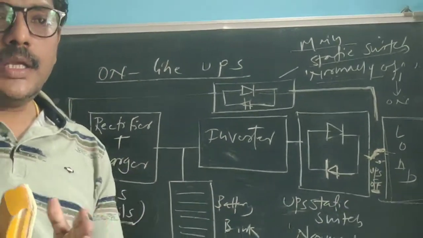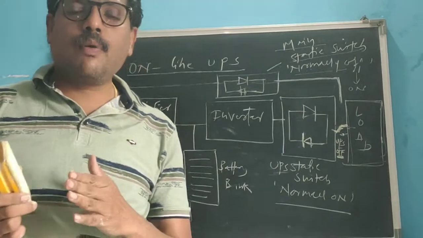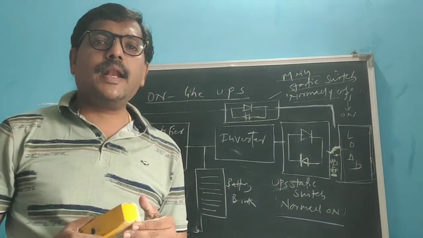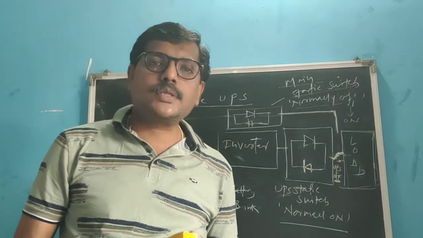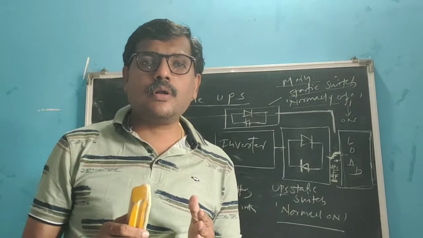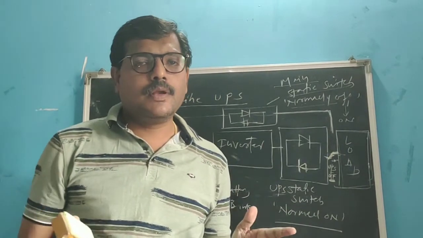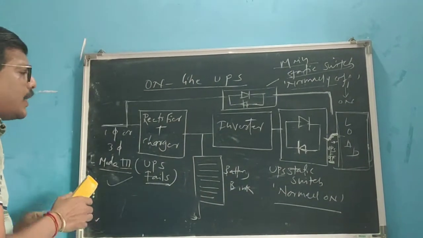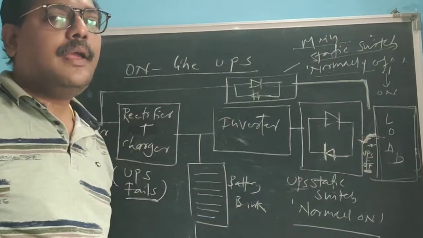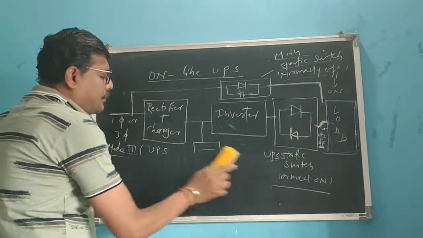This changeover of load from UPS to mains and mains to UPS takes very little time. It takes 4 cycles of input without changing the phase angle. So this is the working of your online UPS, and in an online UPS, remember that the load is always connected to the UPS system.